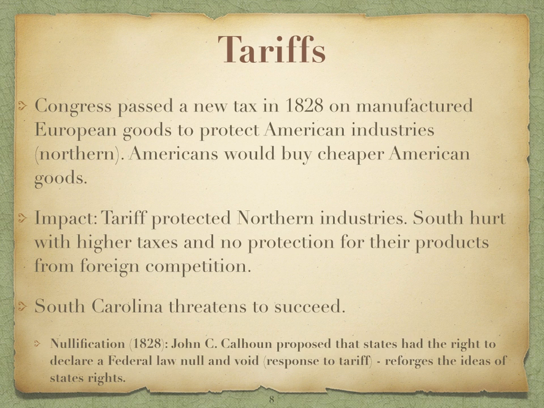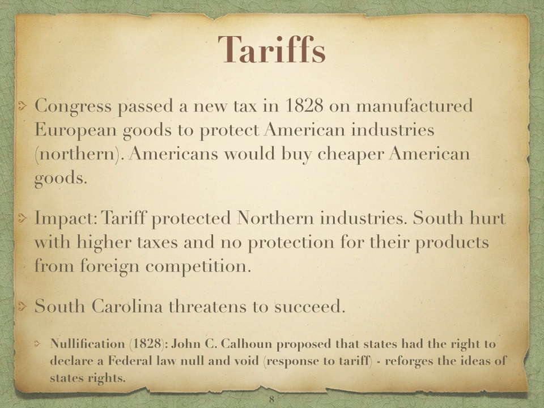The tariffs were passed on manufactured European goods. The American government was trying to, and this happens all the time, right now we have very strong tariffs and even blocking imports from other countries to protect the flow of capital out of Ecuador, and it's the same thing. It doesn't work very well, but countries still keep trying it.